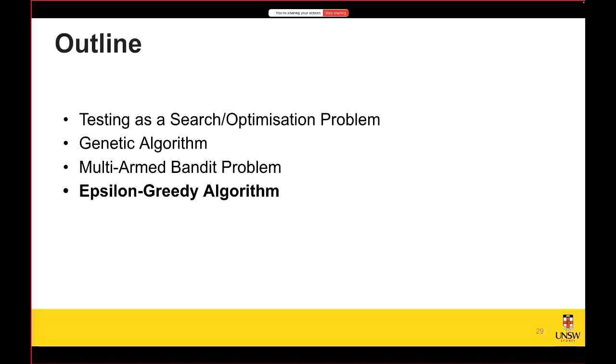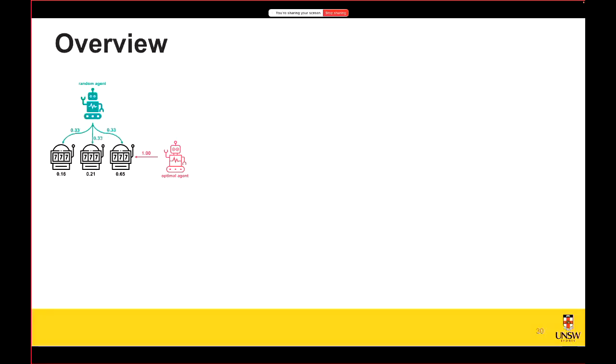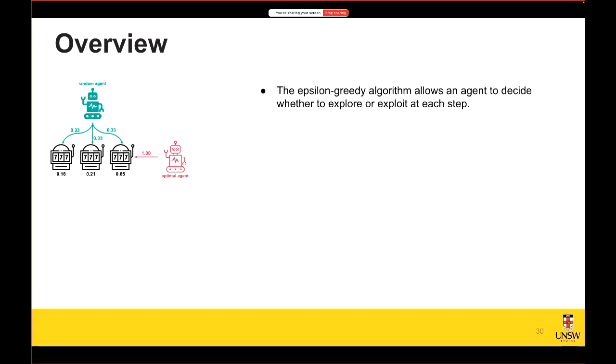Now let's think of some algorithms to solve this problem. The algorithm we are going to learn is the simplest algorithm for solving this problem, known as the epsilon greedy algorithm. The epsilon greedy algorithm allows the agent to decide whether to explore or exploit at each step. So every time it spends a token, it can decide whether this token should be used for exploration or exploitation.